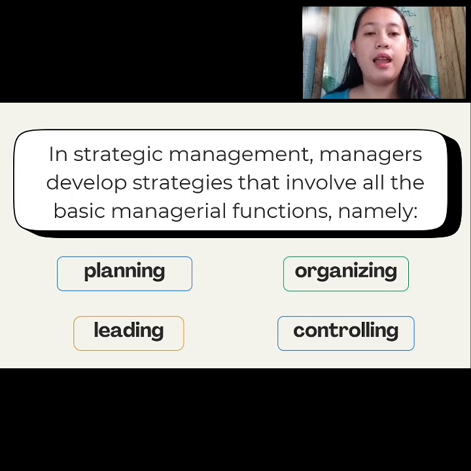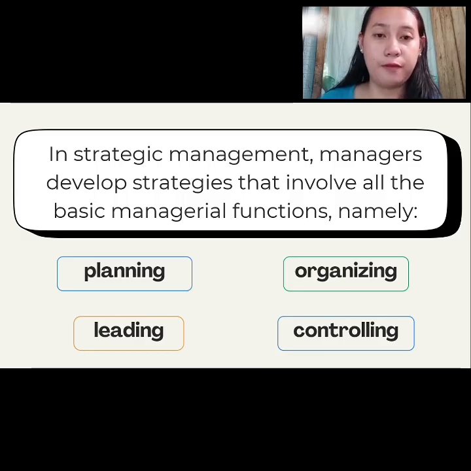So effective controlling helps organizations to stay on track, to identify and address issues, and to optimize performance, to achieve goals, and to improve quality and efficiency.